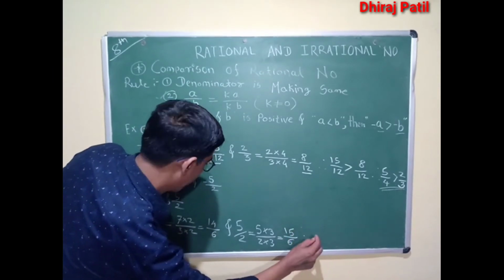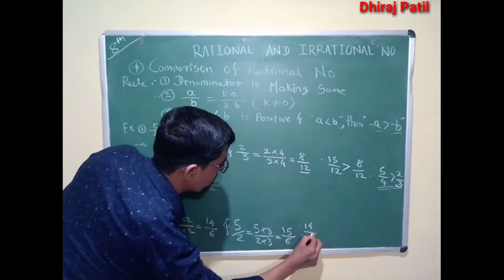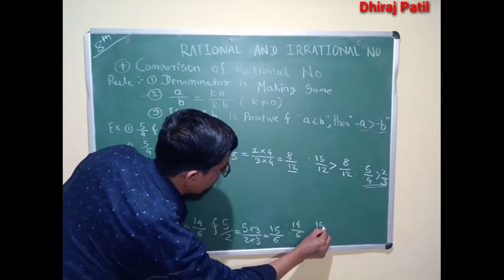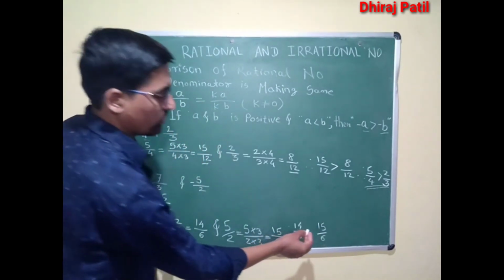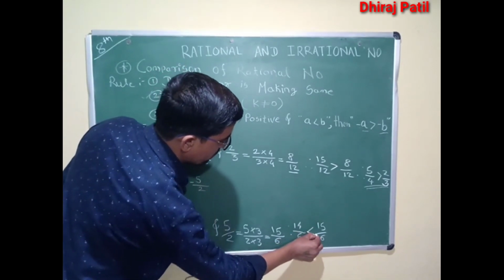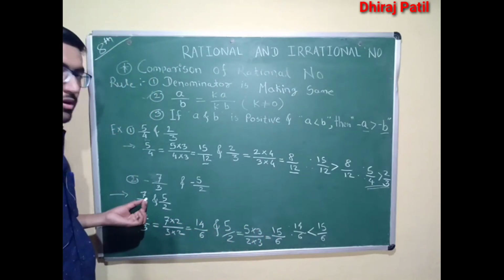So 14 divided by 6 and 15 divided by 6. Here we say that 15 divided by 6 is greater than 14 divided by 6. But, friends, this is for positive numbers.